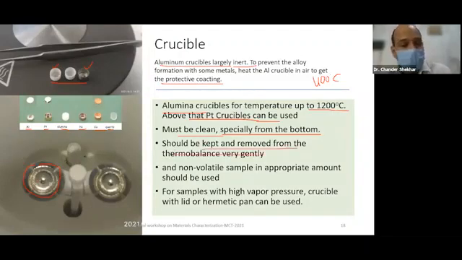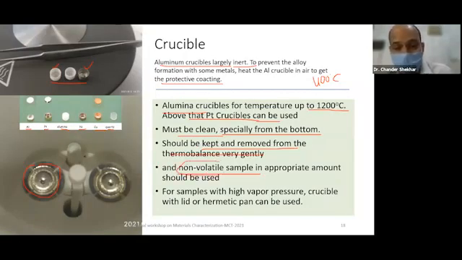The sensitivity of this thermobalance is 0.2 microgram. So you can assume how sensitive it is. So the crucible has to be put on the thermobalance and removed from it very, very gently.